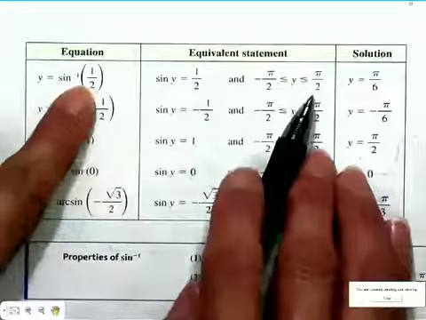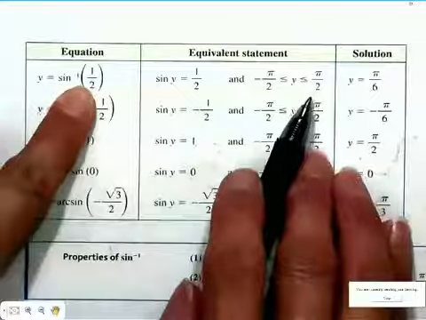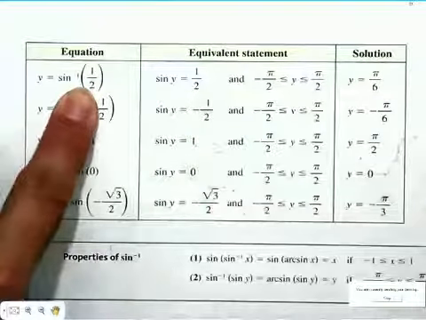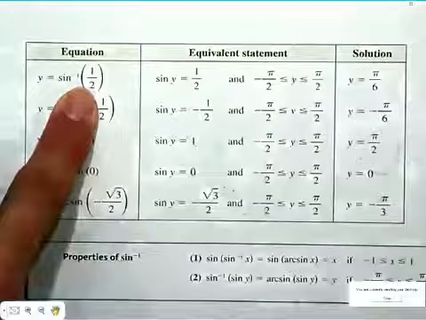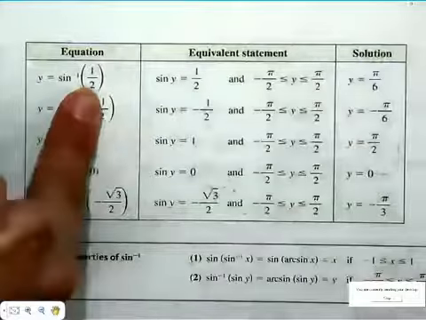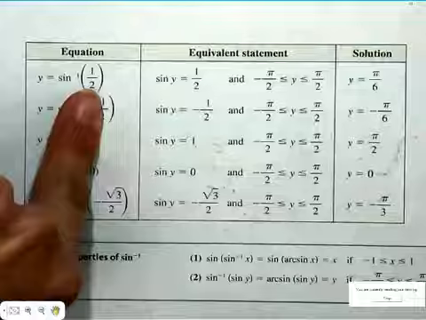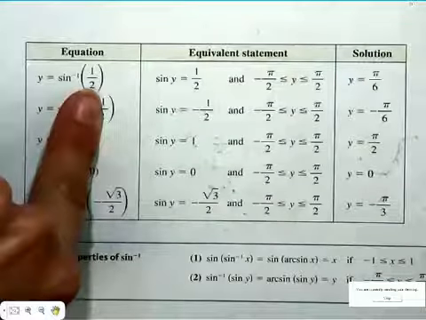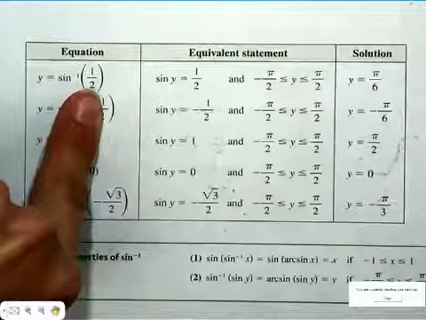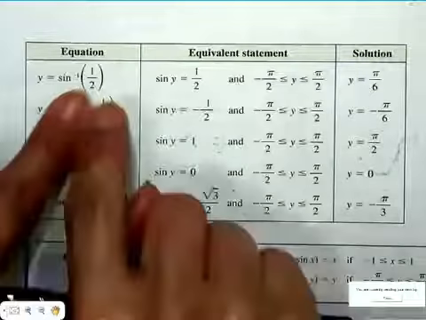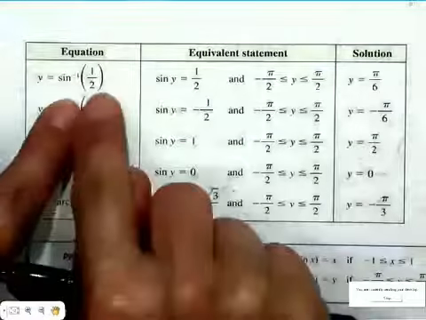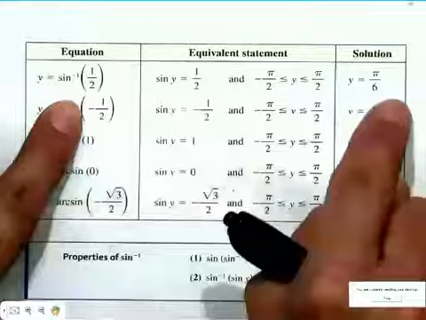There are 2 times on the unit circle where sine would be positive 1/2, once in the first quadrant and once in the second quadrant. But inverse sine is never going to give us an angle in the second quadrant. So we've got to find the first quadrant angle whose sine is 1/2, and that's pi over 6.